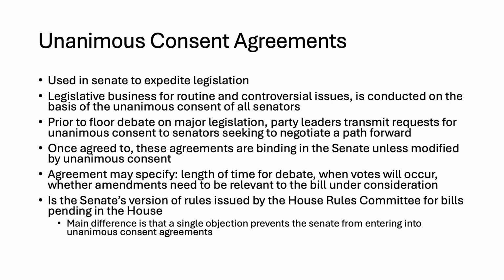Once agreed to, these agreements are binding in the Senate unless modified by unanimous consent. An agreement may specify the length of time for debate, when votes will occur, and whether amendments need to be relevant to the bill under consideration. It is the Senate's version of rules issued by the House Rules Committee for bills pending in the House. The main difference is that a single objection prevents the Senate from entering into unanimous consent agreements.